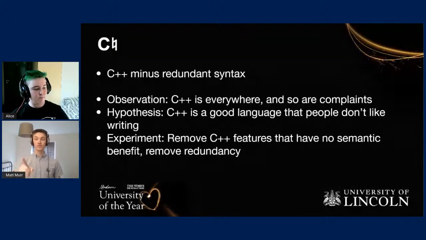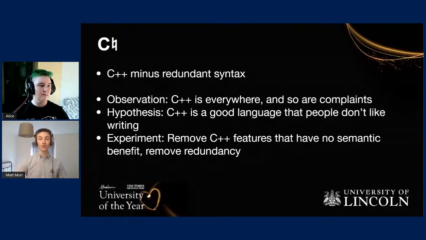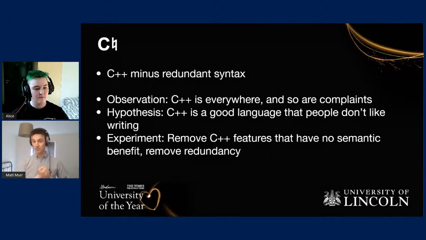But people are complaining about it non-stop at all levels of learning, from beginners to hardcore developers. People who actually work on implementing the language probably have the most to say about it. So C Natural is trying to begin removing things a developer has to type that do not convey new information about the program. That's what it means by removing syntactic redundancy.